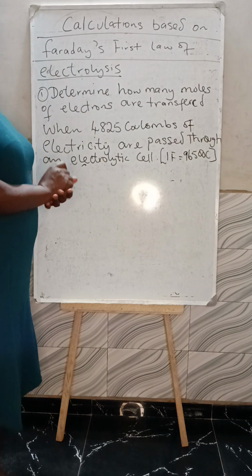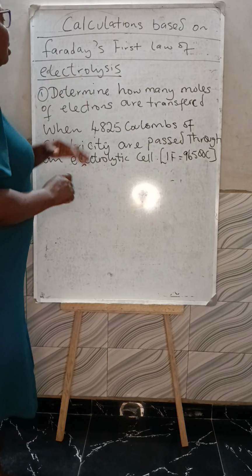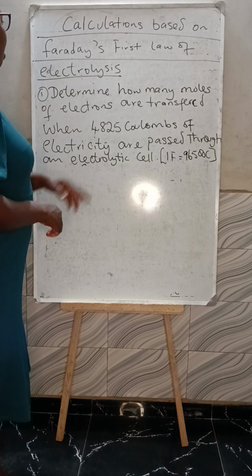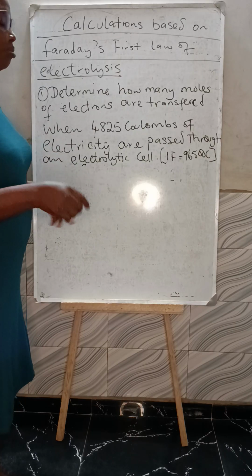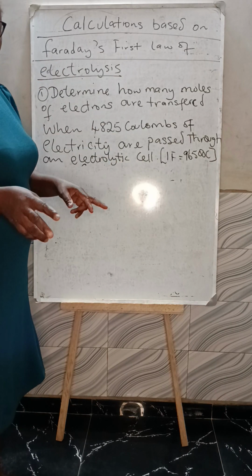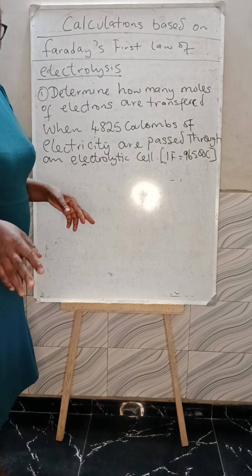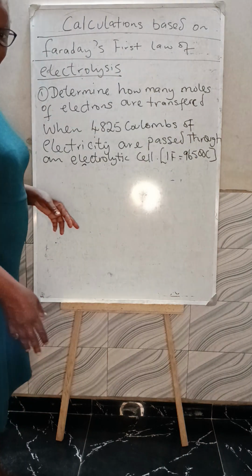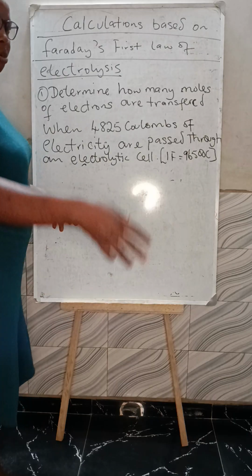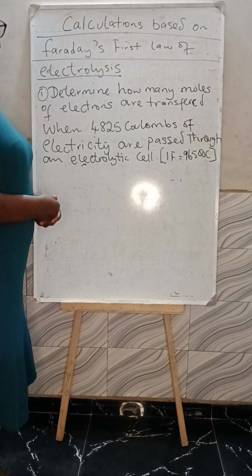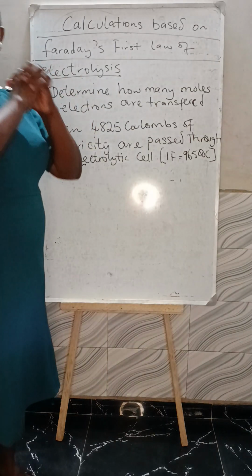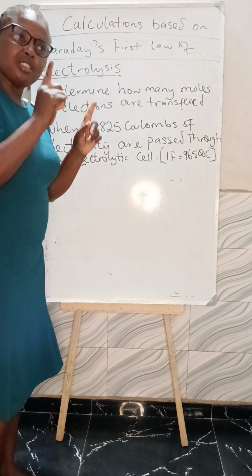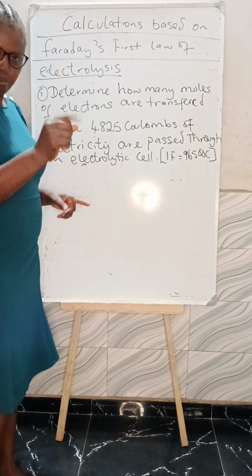Now, coming to this equation, Faraday's first law of electrolysis states that the amount of a substance liberated during electrolysis is directly proportional to the quantity of current passing through it. And 1 Faraday is given as 96500 coulomb.